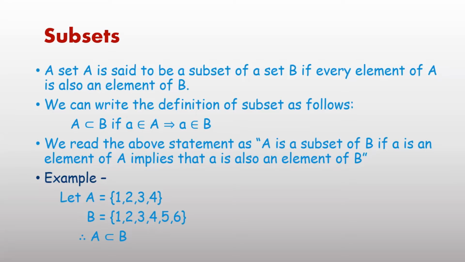All the elements of set A, means 1, 2, 3 and 4, are present in set B. Then we can say A is a subset of B. But all the elements of set B are not present in set A. For example, 5 and 6 are not present in A. It implies B is not a subset of A.